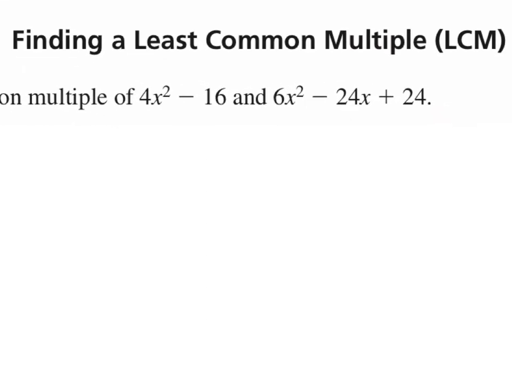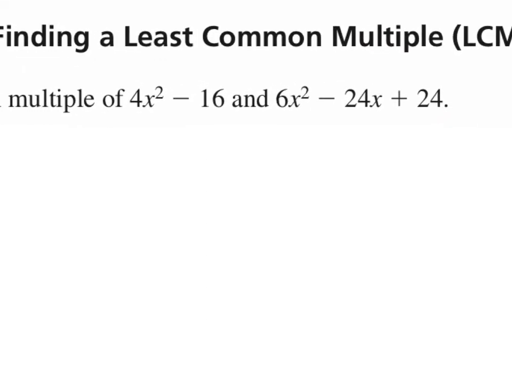All right, so here we want to find the least common multiple between these two polynomials. So first we have 4x squared minus 16. We want to take out the greatest common factor of both of them, so we see what's in common. We can divide out a 4 in both of these. So 4x squared divided by 4 would just leave us with x squared, and 16 divided by 4 is just 4.